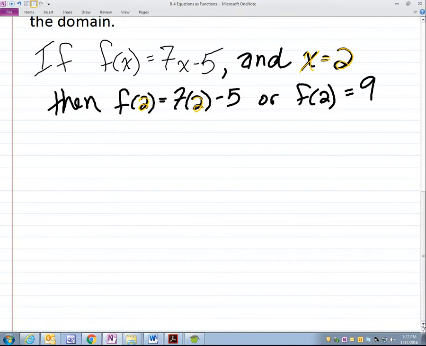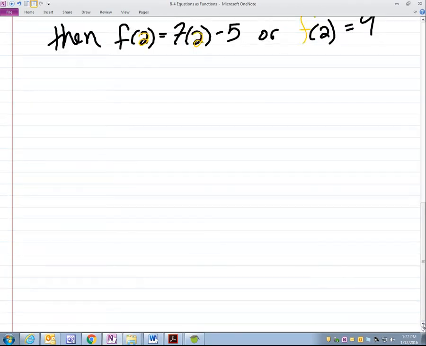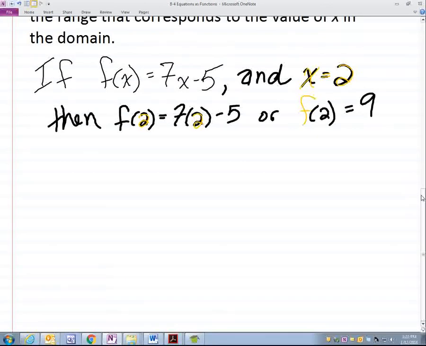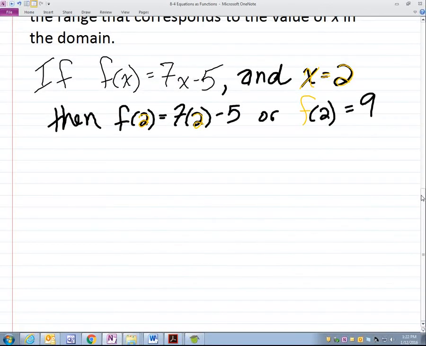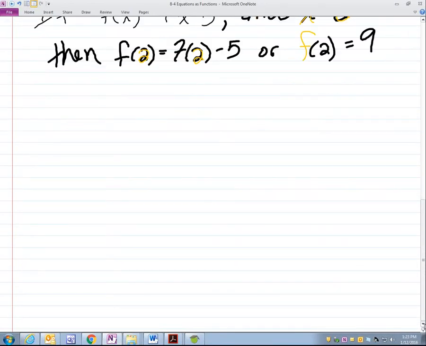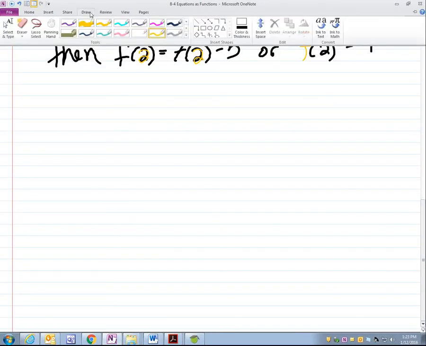This is not a variable. That's telling you that it's a function. So f of 2 for 7x minus 5 is equal to 9. The function of 2 is 9.